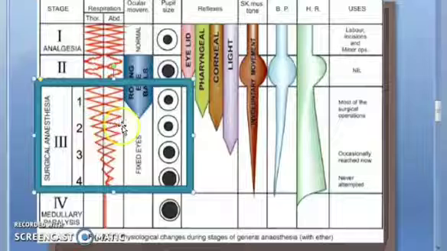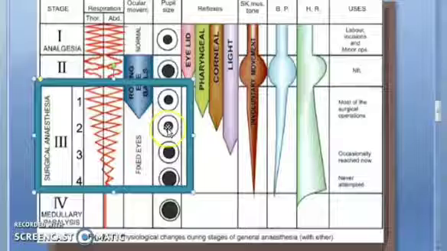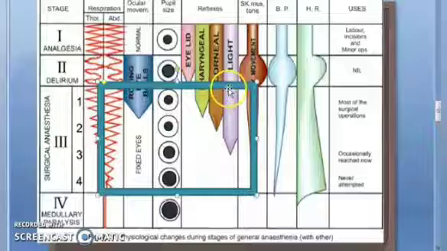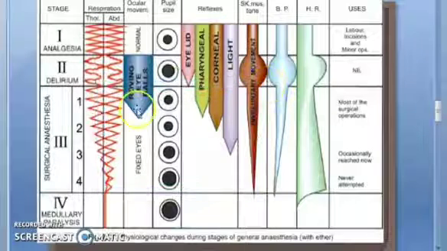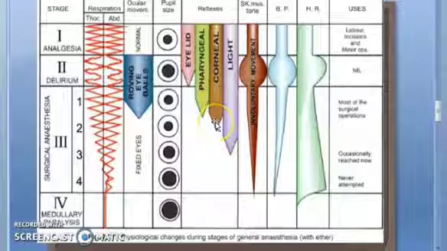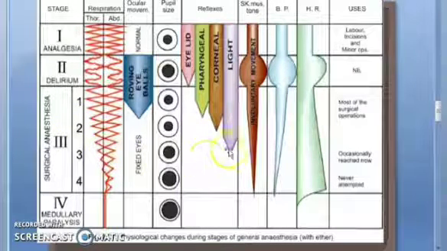In the second plane, the pharyngeal and corneal reflexes are lost. In plane 3, the light reflex is lost and the pupil again starts dilating.